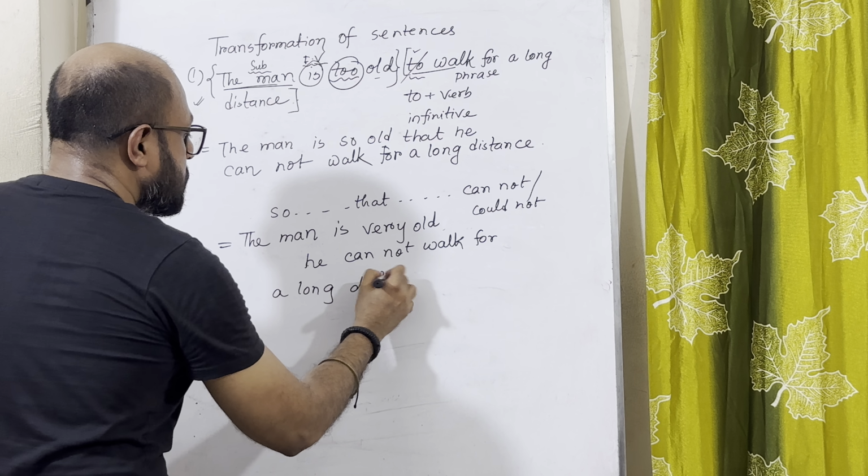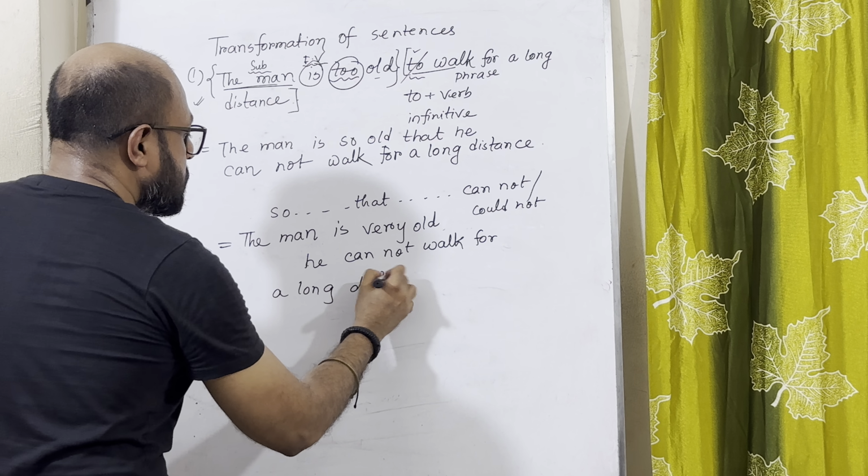But I haven't used any connectors or clause markers. So this is my first principal clause, and this will be my second principal clause, and I will connect them with a conjunction, and. And how does it look? The man is very old and he cannot walk for a long distance.